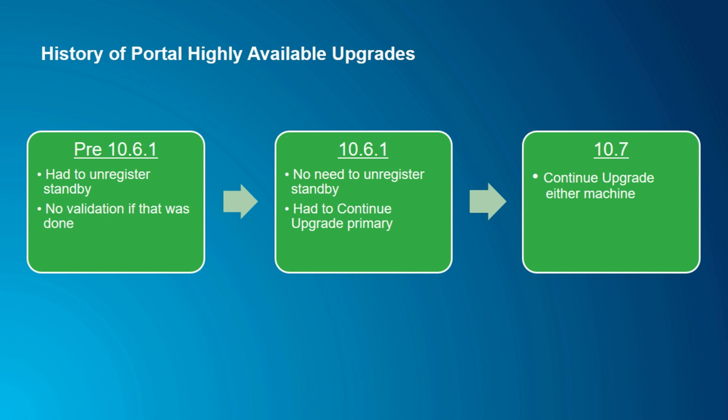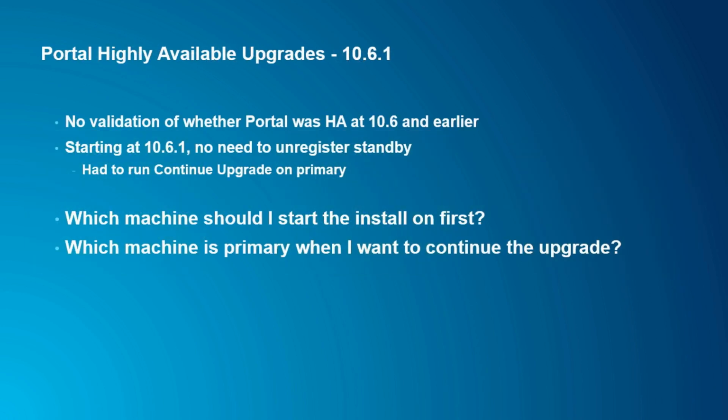And so really you were upgrading one portal and kind of doing a clean install of another and just joining it back. At 10.6.1, we made it so that you did not have to break HA. You could upgrade both together. After the upgrade, though, you were required to do the actual continue portal upgrade on the primary machine.